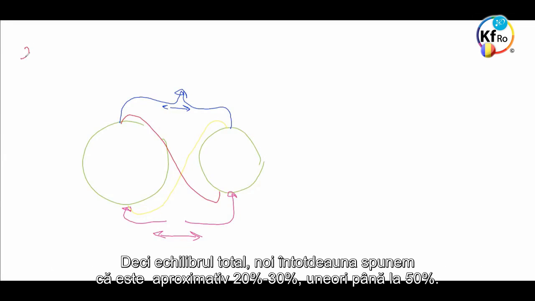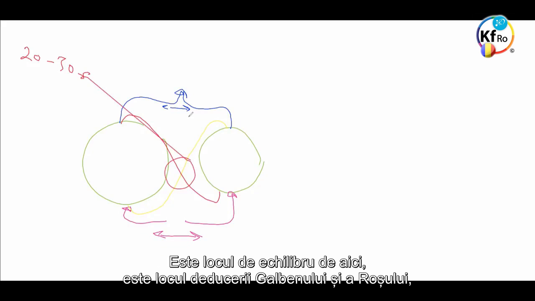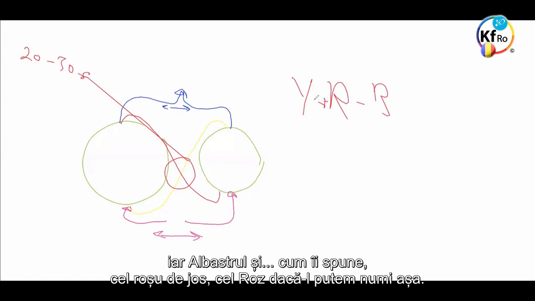So your total balance, we always say, is about 20 to 30%, sometimes up to 50%. It is when the balance here is the deduction of the yellow and the red and the blue and the other red at the bottom, the brighter pink one, whatever you call it.